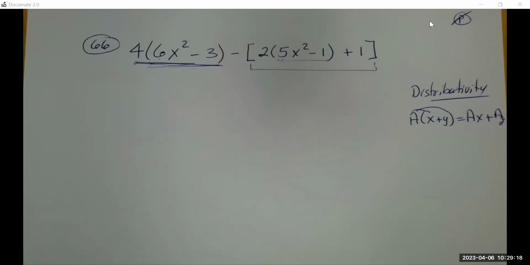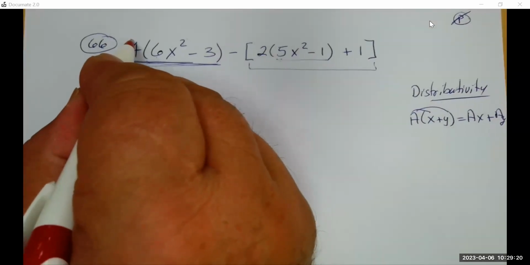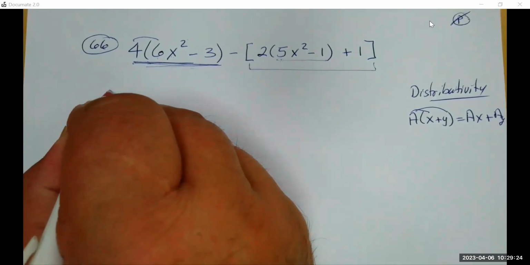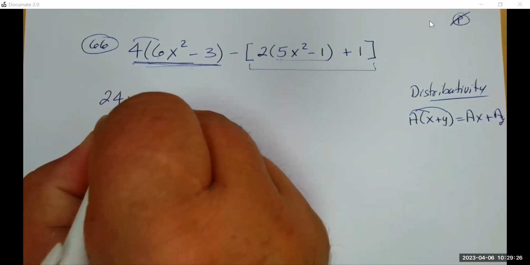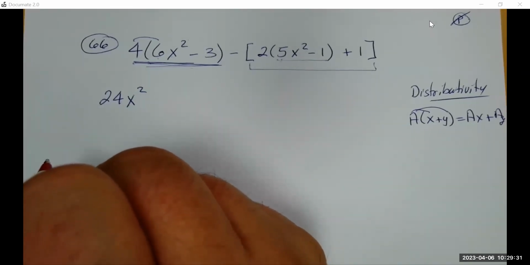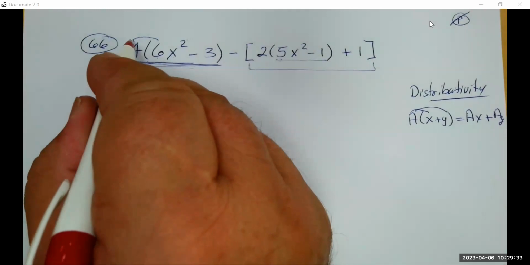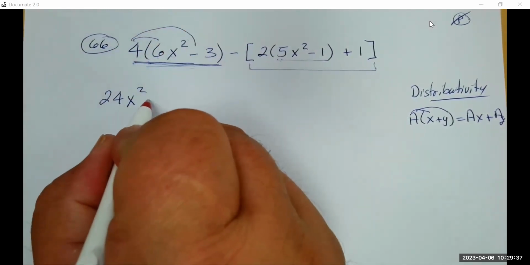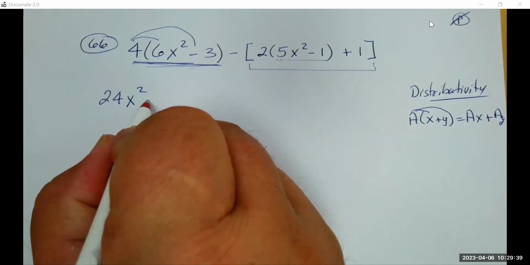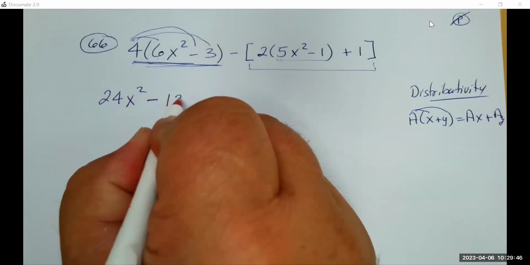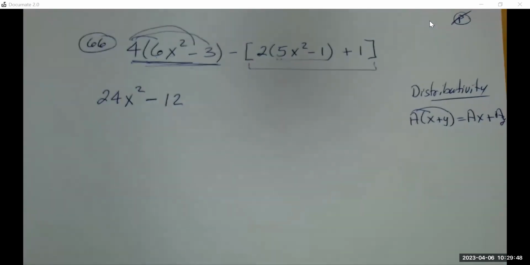Yes, that's the rainbow. So positive and positive, 4 times 6 is 24x squared. Well, I'm doing signs first. Positive times negative is negative, right? Then 4 times 3 is 12. So that took care of the first one.